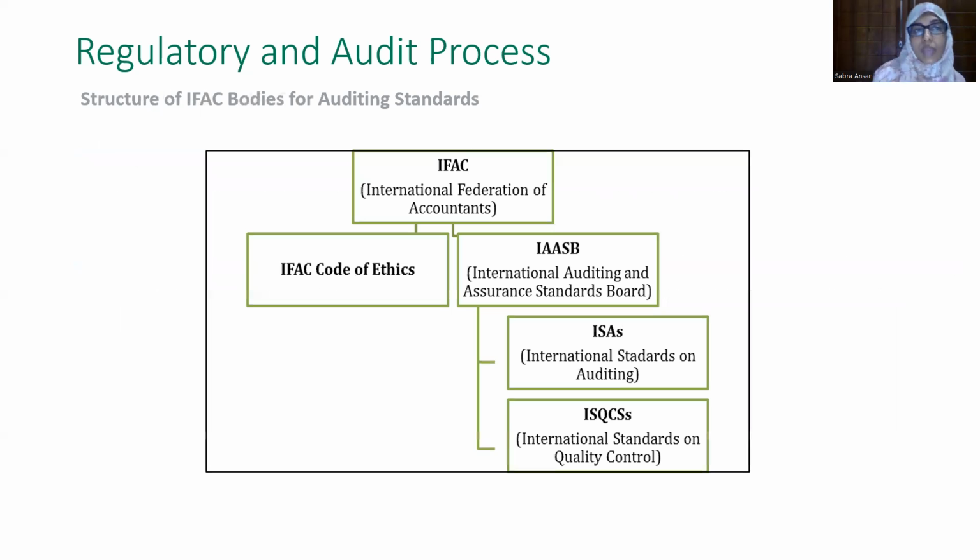Now we will look at the structure of the bodies of the auditing standards. You have the IFAC, the International Federation of Accountants, and under them you have the IESBA Code of Ethics and also the IAASB, which is the International Auditing and Assurance Standards Board.